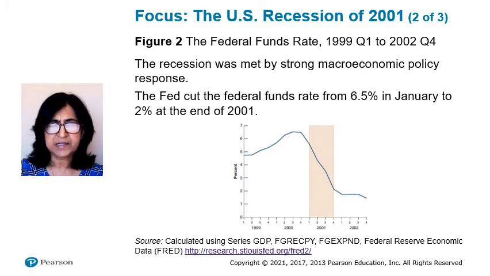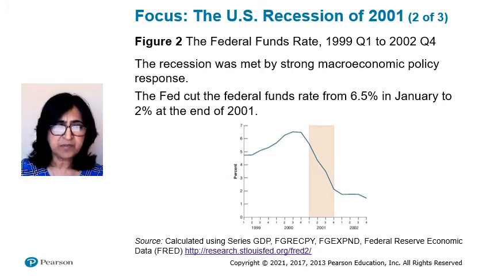The vertical axis of the graph is labeled percent and ranges from 0 to 7 in increments of 1. The horizontal axis represents the set of 4 quarters from the years 1999 to 2002. The estimated federal funds rate in the 4th quarter of the year 2000 is as follows. Quarter 4, 6.5%.